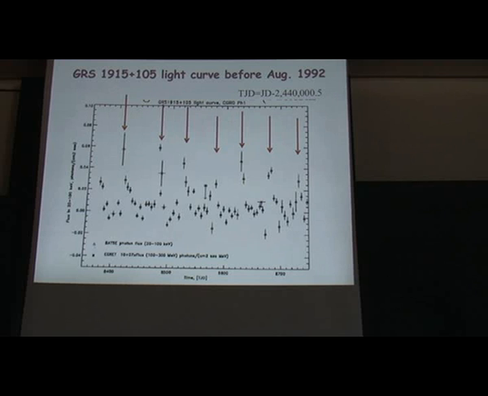So I would multiply these error bars by a factor of 3, and maybe all these other points would not be so important. Maybe the significance of this sort of flaring is overestimated, or even the detection. Well, detection, I don't know.